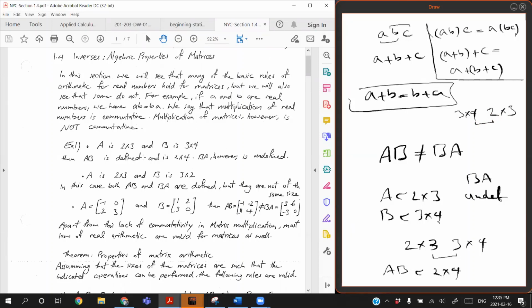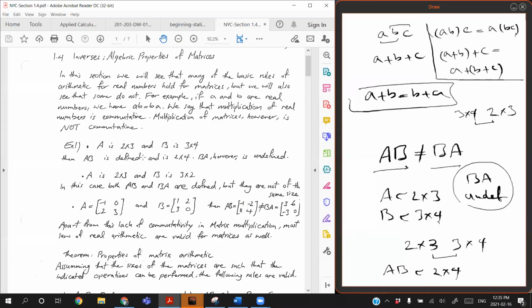That means BA would be undefined. So this is an example of a situation where in a certain order, A then B, the multiplication is defined, but in the reverse order, BA, the multiplication is even undefined.